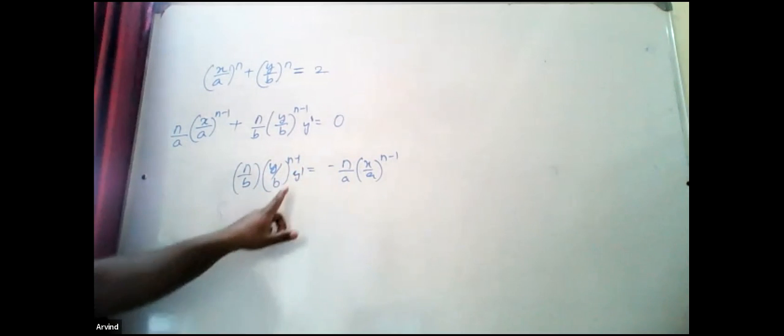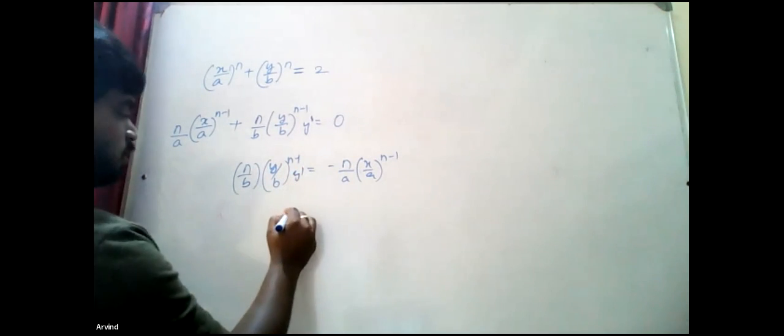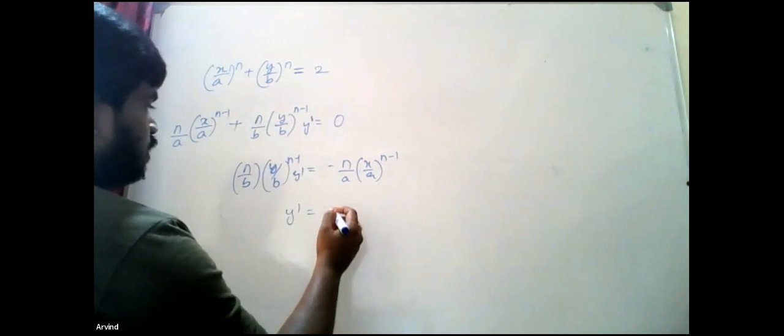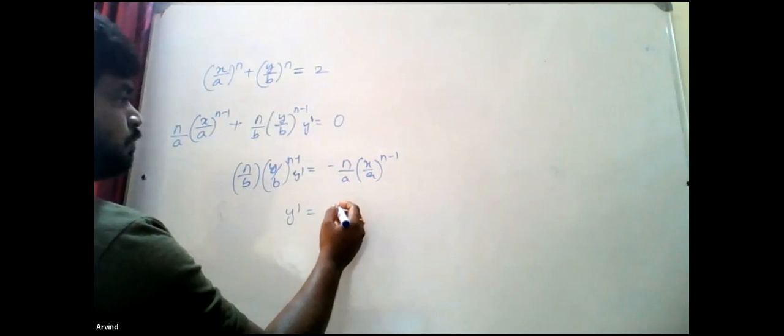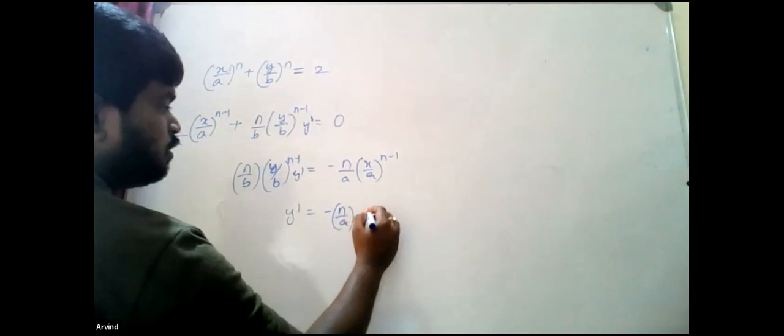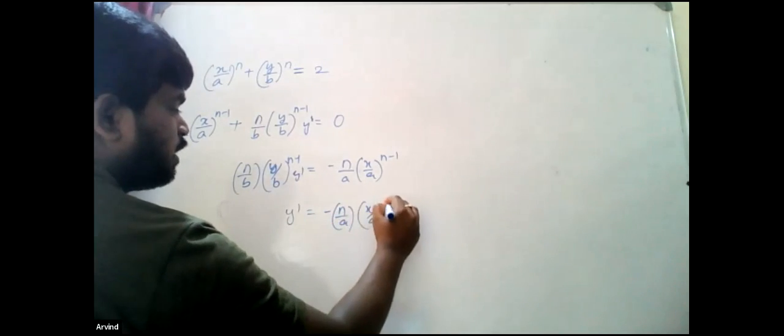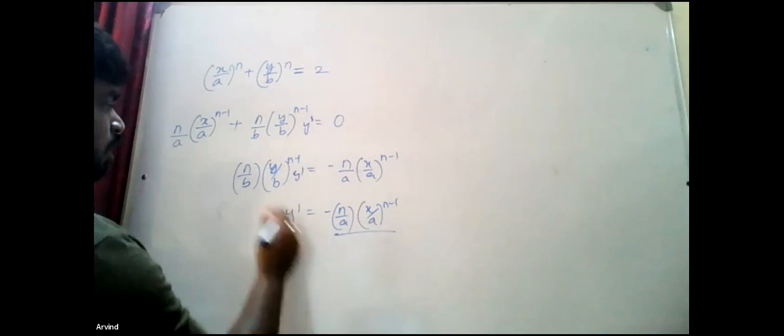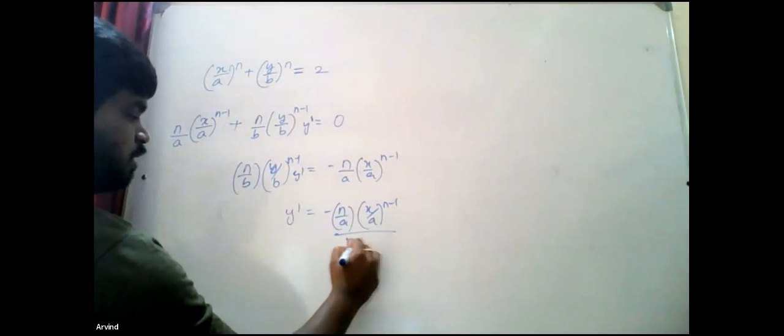I am trying to find the slope y dash. So y dash will become minus n by a x by a whole to the power n minus 1, divided by n by b y by b whole to the power n minus 1. Okay, n gets cancelled. So you're left with this.